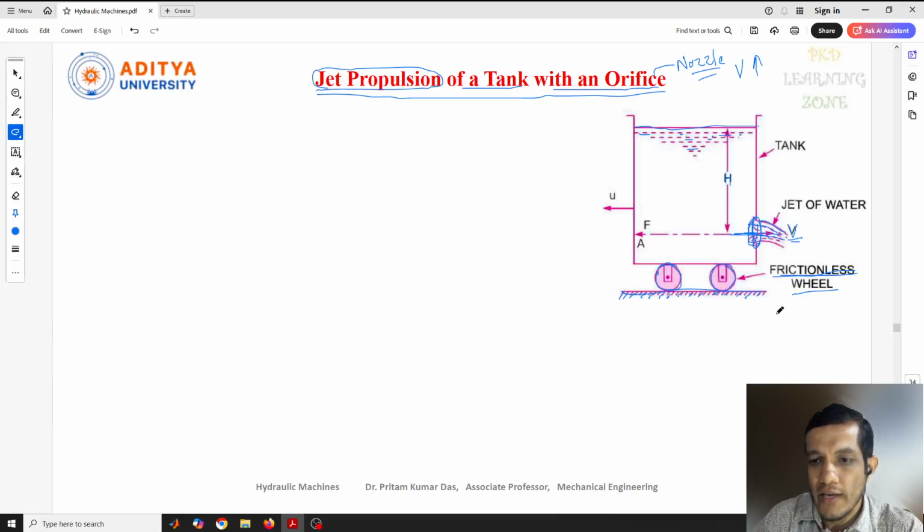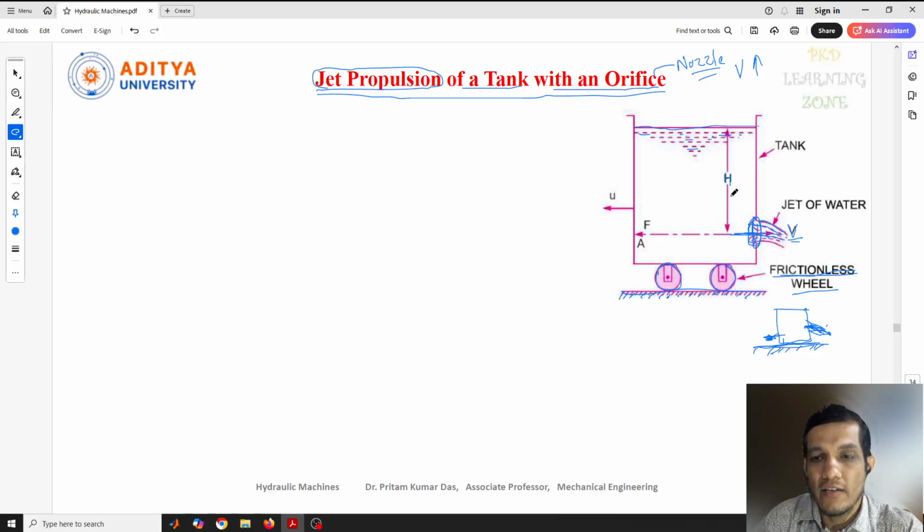In that situation, if the water comes out from here, there will be no movement of the tank, because the force created by this jet of water is not sufficient to move the tank from this position in the backward direction. Though there is a reaction force, it is not enough to move this tank.